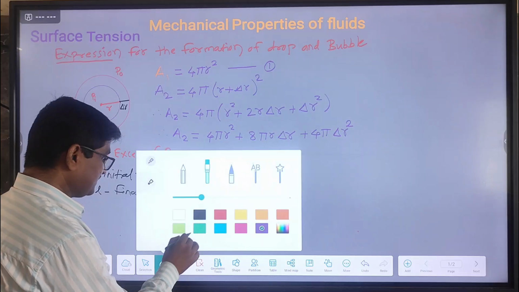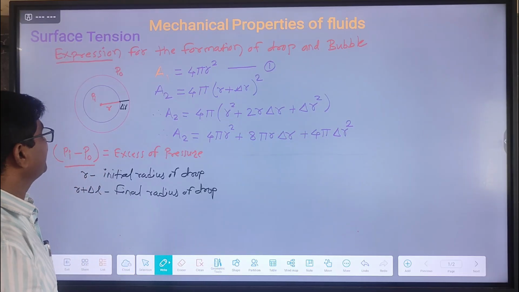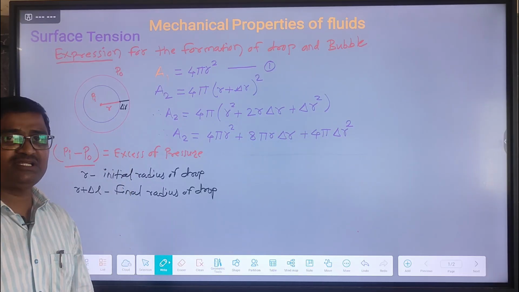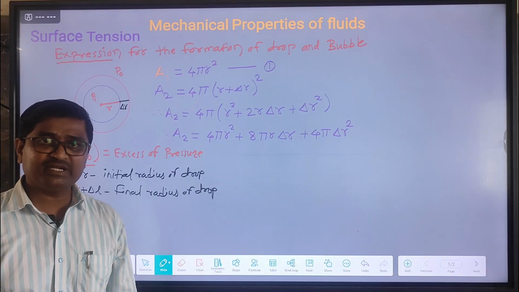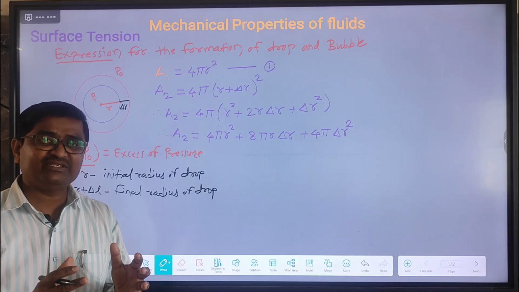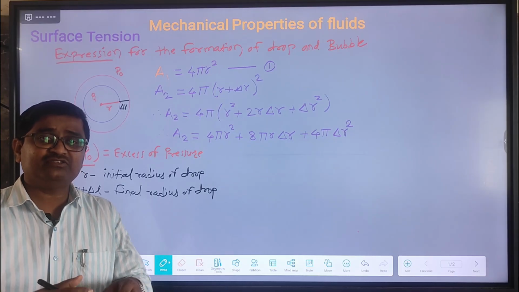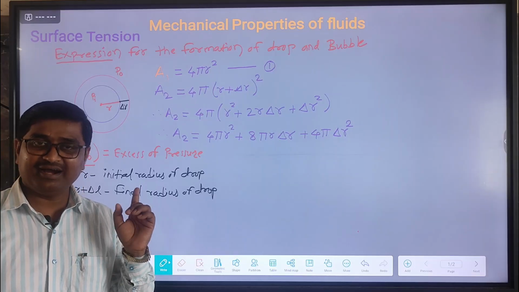Get it clear? But observe here, when the inside pressure changes due to the excess of pressure, the radius changes infinitesimally, a very small change, delta r.